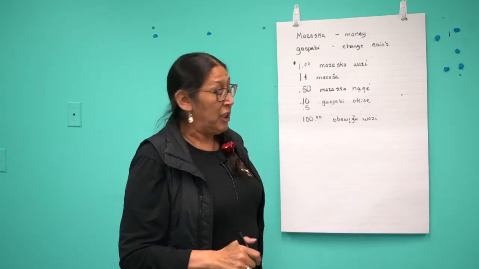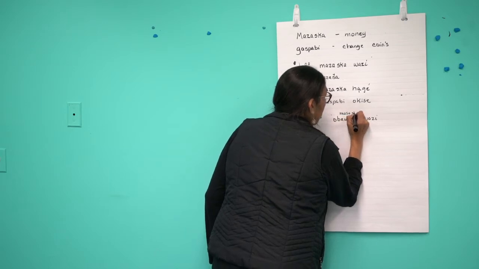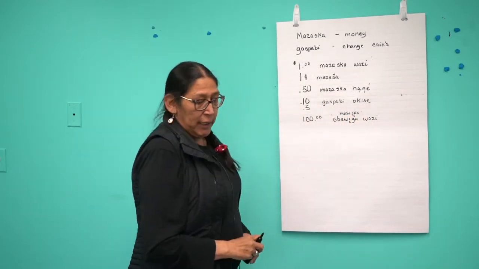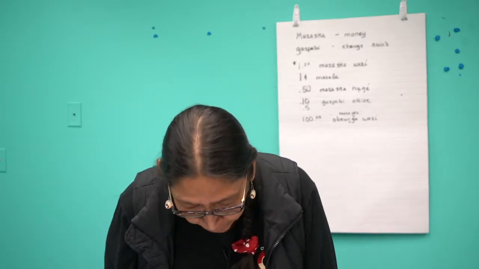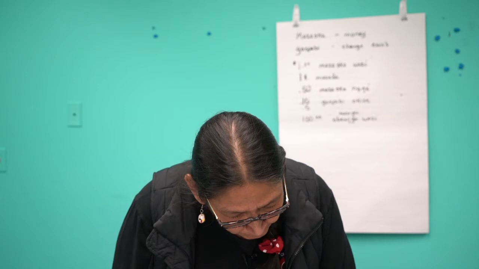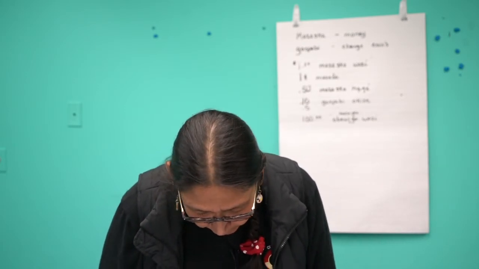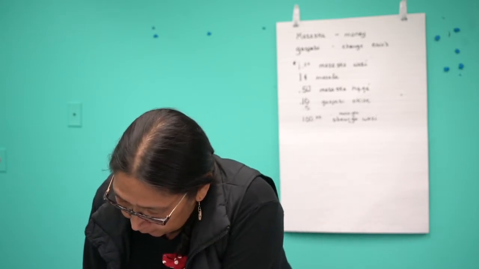Mazaska obawinga waji. That is your $100 bill. Yeah, they actually still have 50-cent coins, but they're more of a collector's item. Yeah, I was going to say, I think I've only seen them.